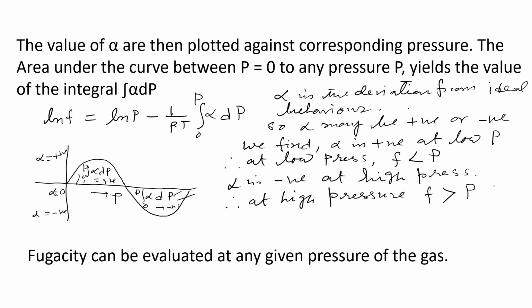So fugacity will be less than pressure at low pressure, and when the pressure is high, fugacity will be greater than the pressure. This fugacity can be evaluated at any given pressure of the gas. So what we have found is that fugacity represents the behavior of real gases, and it is the escaping tendency from the existing state to another state. The fugacity coefficient indicates the deviation from ideal behavior. Hope you have understood. Thank you.